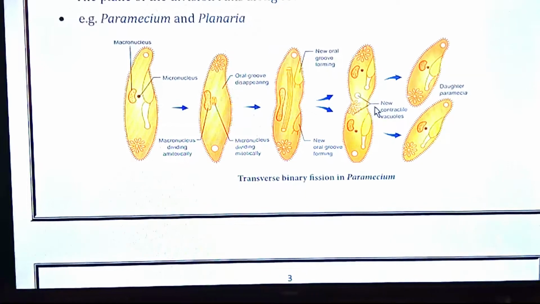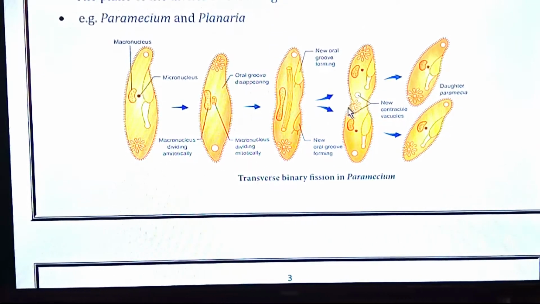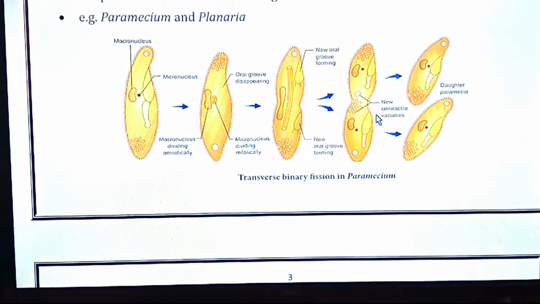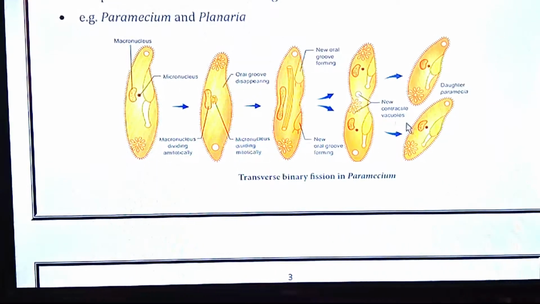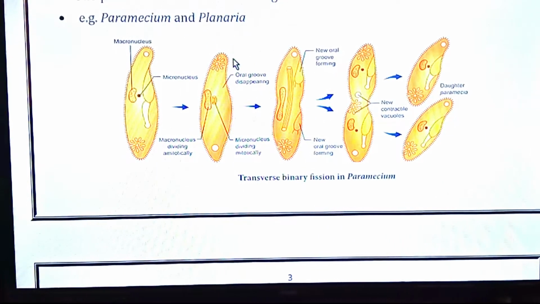This will be followed by the division of the cytoplasm. And here you can see this will be initiated by the contractile vacuole. Even the contractile vacuole will divide into two for each daughter paramecium. So this we call the transverse binary fission.